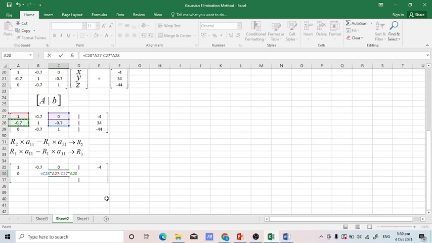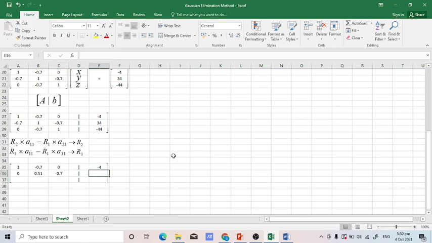Ayan. Enter. Negative 0.7. And then, ito, R2, fourth element, 34 times A11, minus R1 fourth element, negative 4 times A21, negative 0.7. Enter. 31.2.